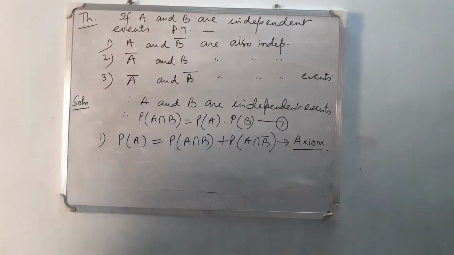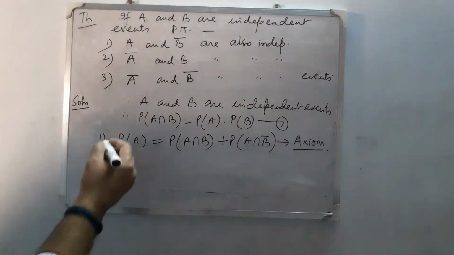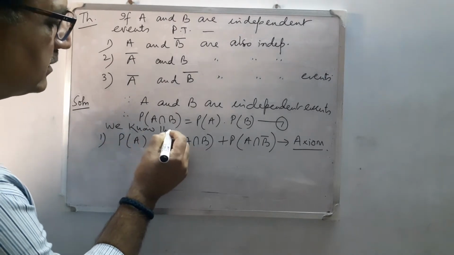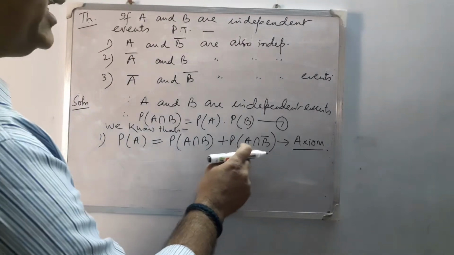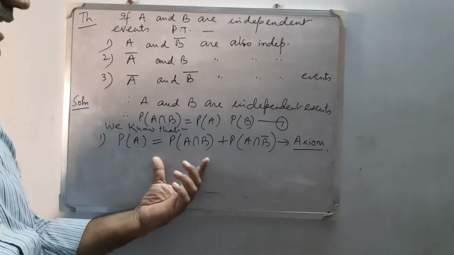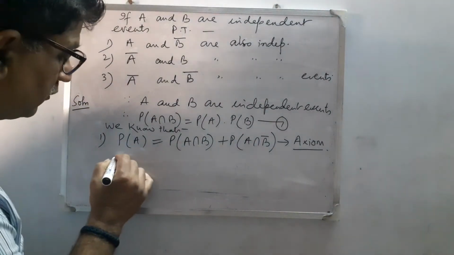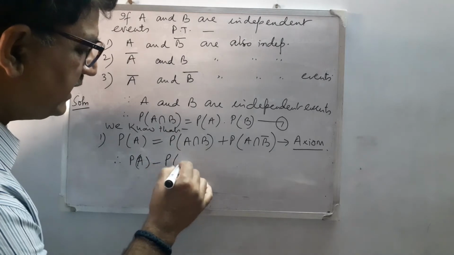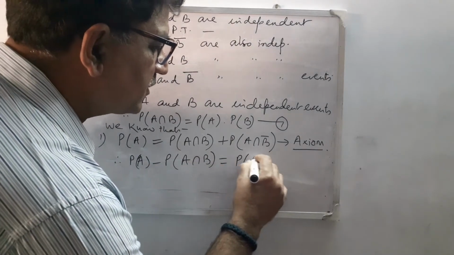So from one of the axioms we have, we know that P(A) is equal to P(A intersection B) plus P(A intersection B bar). This result we have discussed in the previous video. Now, therefore, P(A) minus P(A intersection B) is equal to P(A intersection B bar).